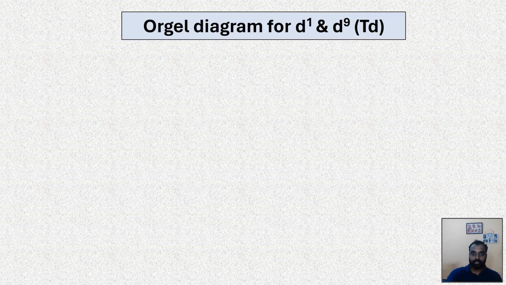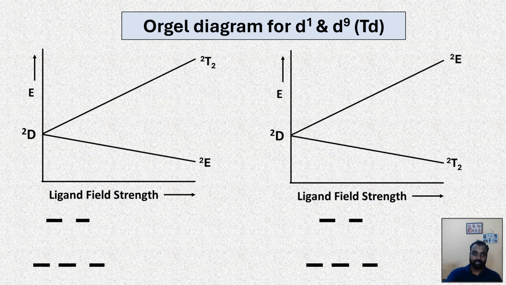Here in the case of tetrahedral d1 and d9 systems, we observe just reversed diagrams as we saw earlier in the case of d1, d9 octahedral. In the case of d1 tetrahedral compounds, the transition is from 2E to 2T2, and the g term is missing. G means gerade, that is, the center of symmetry is missing.